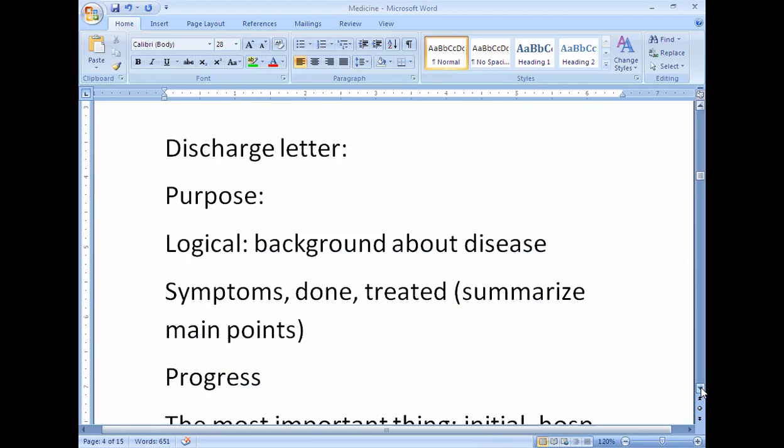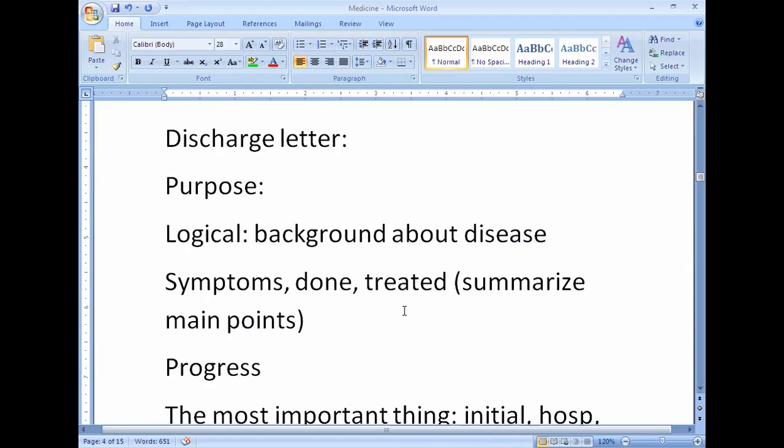Now, the third type of letter is the discharge letter. Ms. Tatiana, do you remember from our previous classes how we used to write discharge letters? Yes, the purpose of the letter, then background. In a discharge letter, the patient was admitted to the hospital.